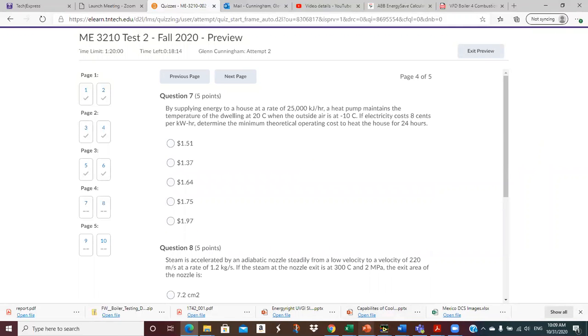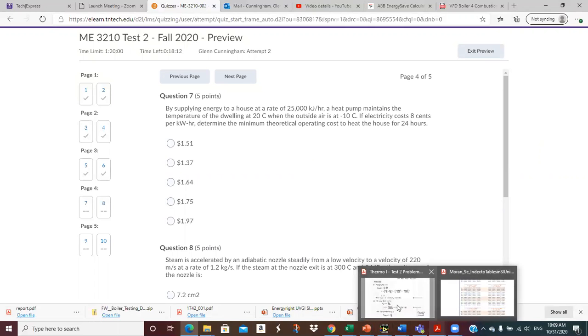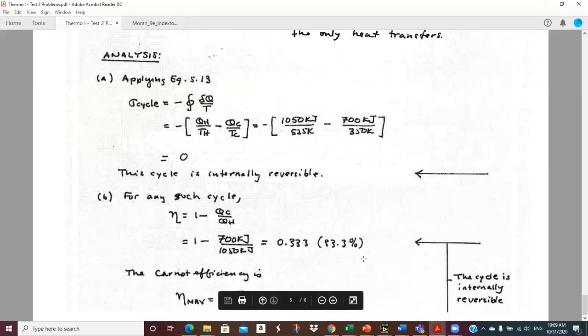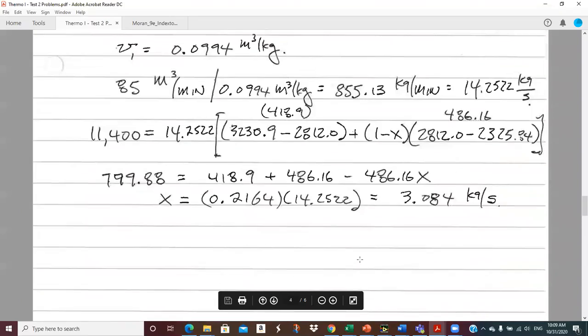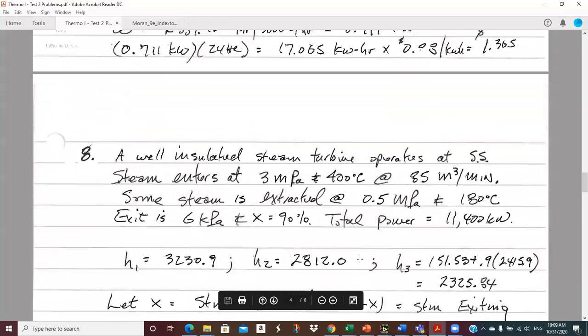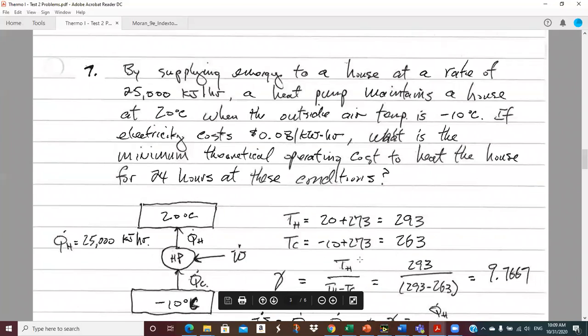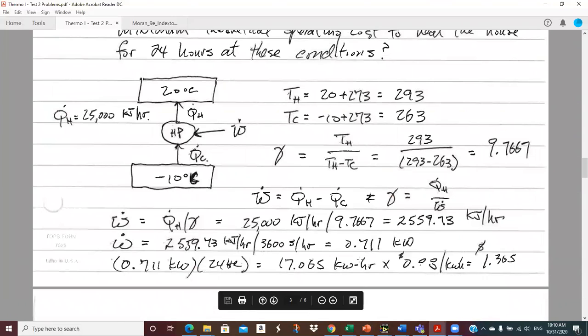And so let's go take a look at this quick. All right, so here's my diagram. This is my heat pump. We have to put work into the heat pump.